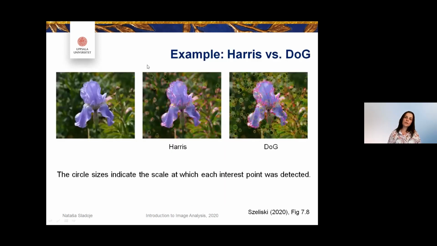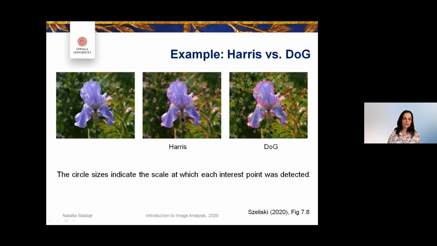Here is an example of performance of Harris detector and DoG. So Harris, as we commented, is not invariant to scale. So when we work with Harris detector, we are focused on one particular scale. If we want to incorporate scale invariance, then we can go for DoG.